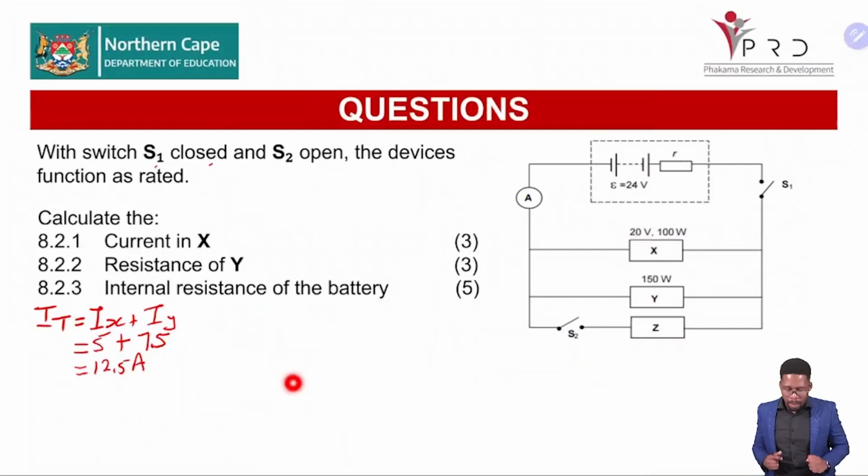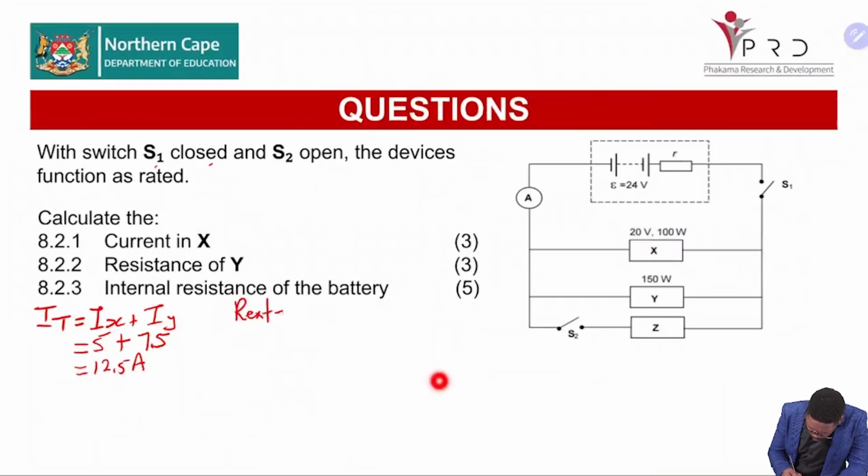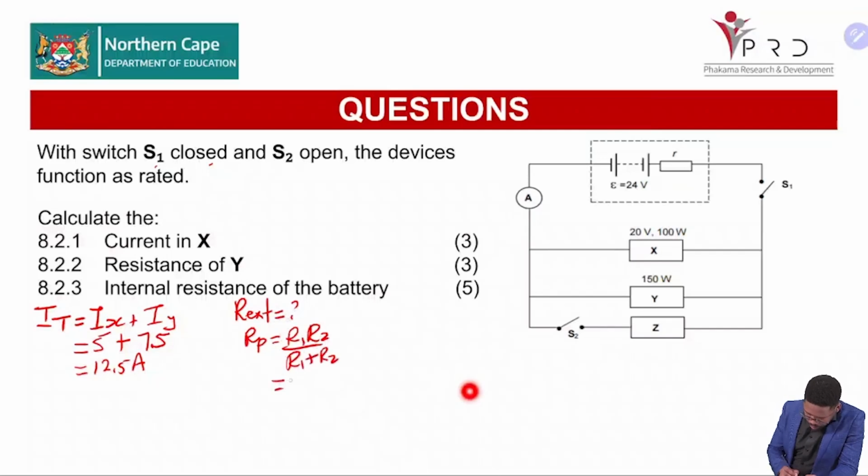Now I'm moving. Then I'm like, I can get R external. I'm just analyzing, I'm not answering any question. Let's look at the connection of X and Y. They are connected in parallel. So we can say R external, Rp, is equal to R1 times R2 all over R1 plus R2. Our R of X, you go to the previous slide, was 4 ohms.